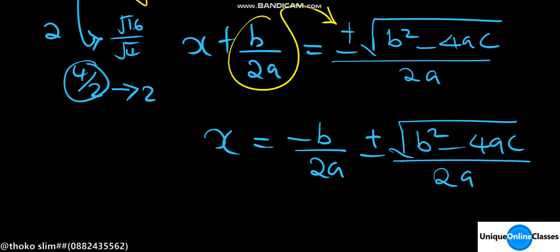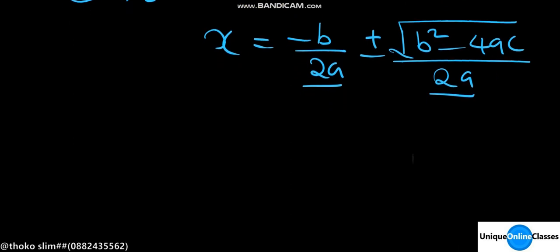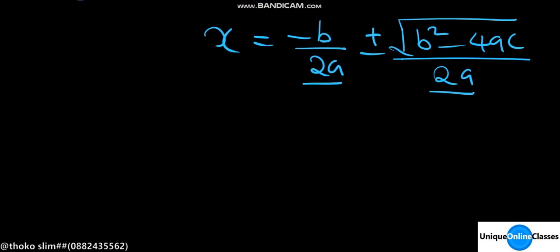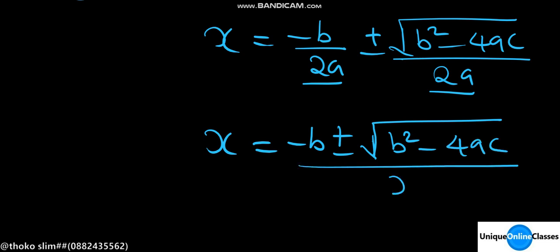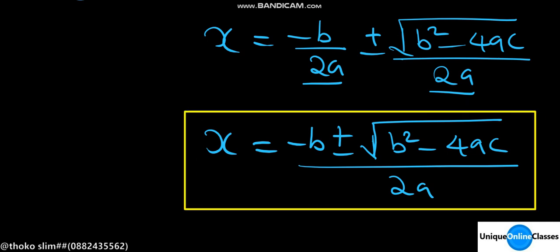You can see that we have common denominators, so we can just combine them. So I have x is equal to minus b plus or minus the square root of b square minus 4ac, then divided by 2a. So this is the quadratic formula.